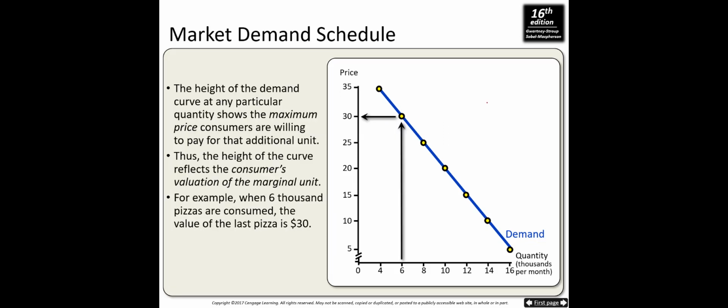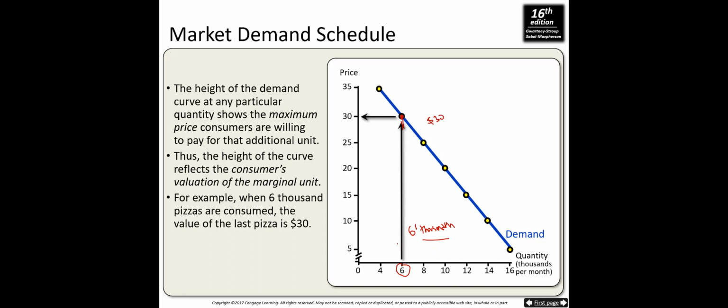The height of the demand curve, this is very important. The height of the demand curve at any particular quantity shows the maximum price consumers are willing to pay for that additional unit. For instance, for the 6,000th pizza, the consumers are willing to pay $30.